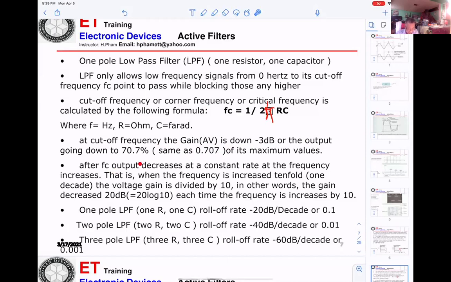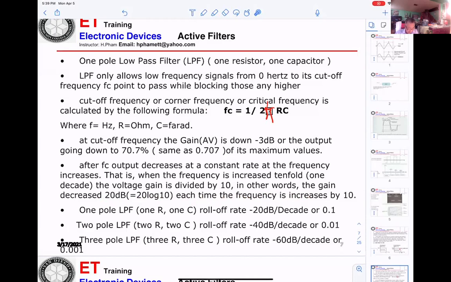After Fc the output decreases at a constant rate as the frequency increases. When the frequency increases tenfold, one decade, the voltage gain is divided by 10. In other words, the gain decreases 20 dB each time the frequency increases by 10.